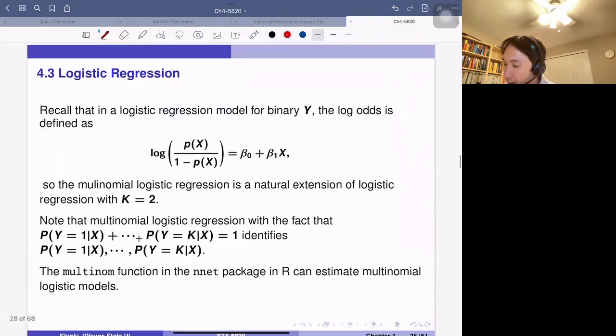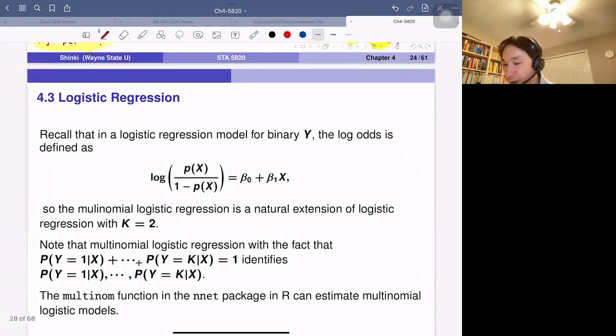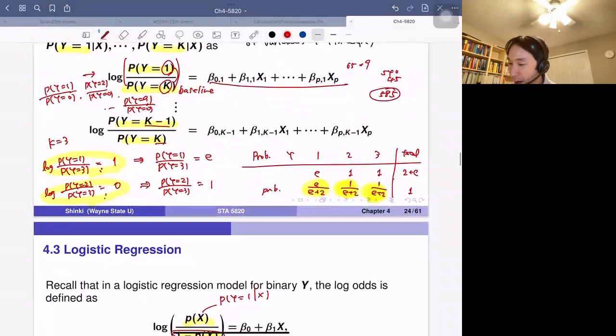Yeah, so this idea is pretty natural if we think about logistic regression as the log of p(x) over 1 minus p(x), because this is the probability of y equal to 1, and this is the probability of y equal to 0, given x. But here we compare more ratios: 1 to k, 2 to k, 3 to k, up to k minus 1 to k.